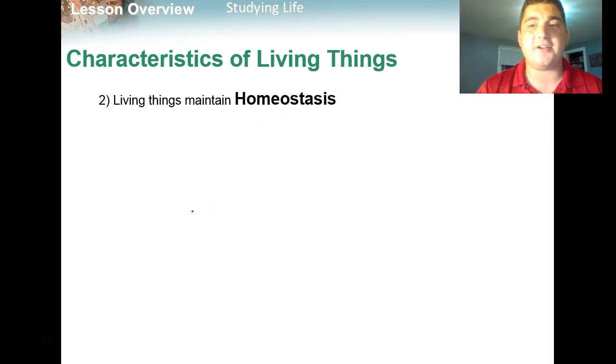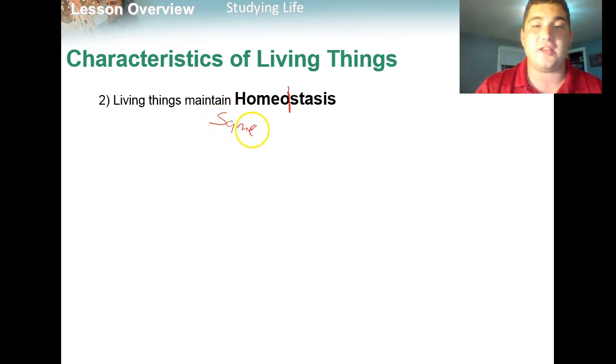The second characteristic of living things is that all things maintain homeostasis. This is a big word, our first vocab word, and the best way to understand it is to split it in half. The first part, homeo or homo, is a Latin prefix that means the same.